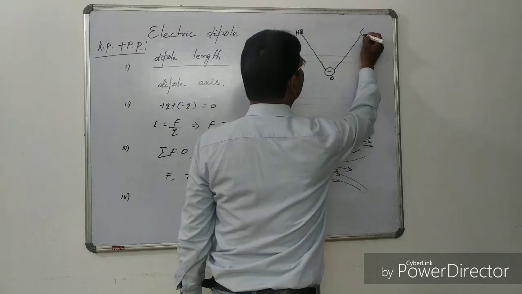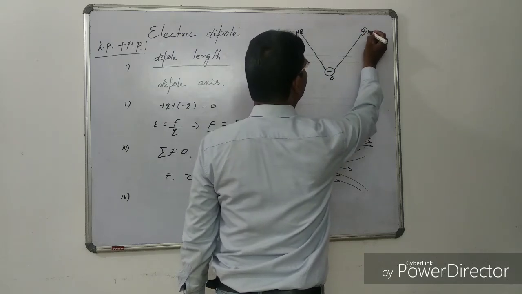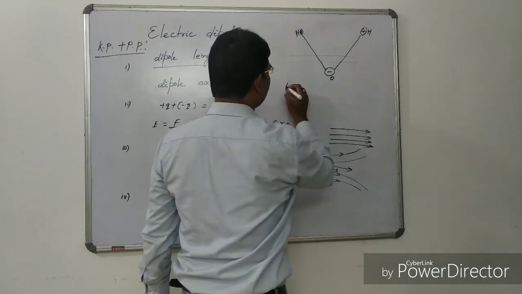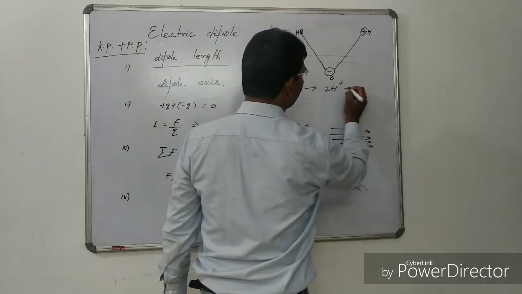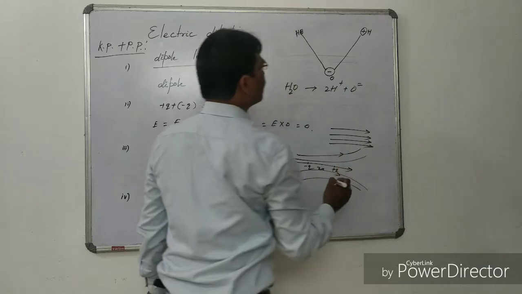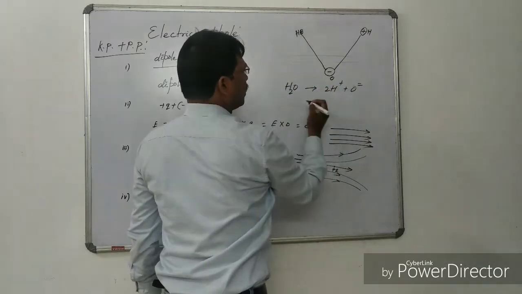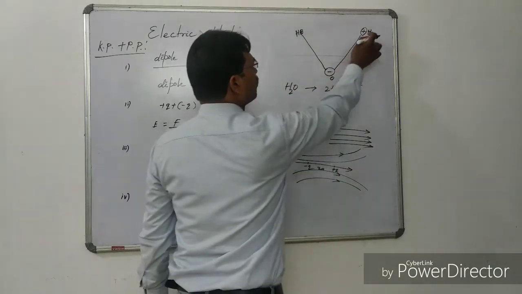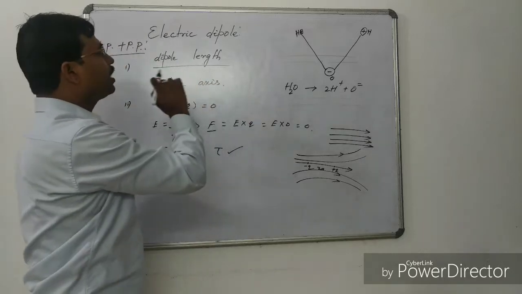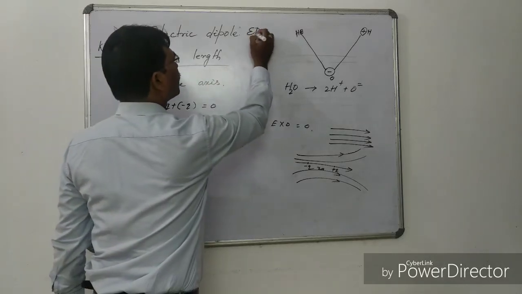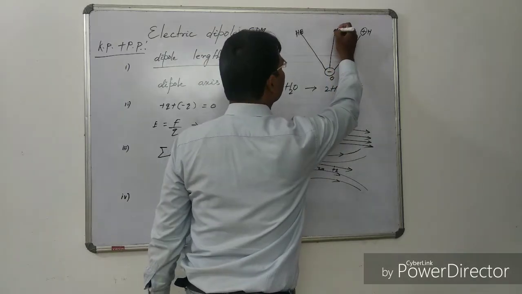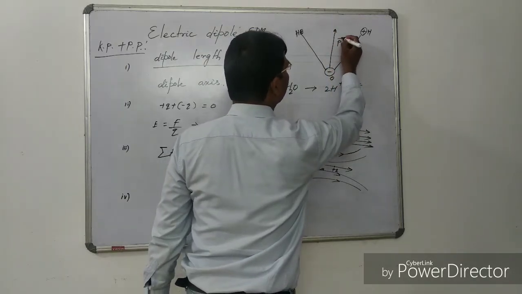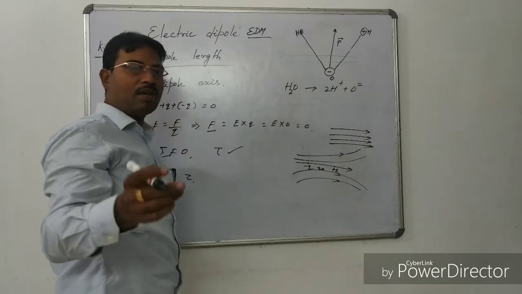So what happens? In case of water, we can write this one 2H plus O minus, but this one negative to positive. So in case of electric dipole moment, for your better understanding, direction is this one. This is denoted by P, electric dipole moment, that I have already told.